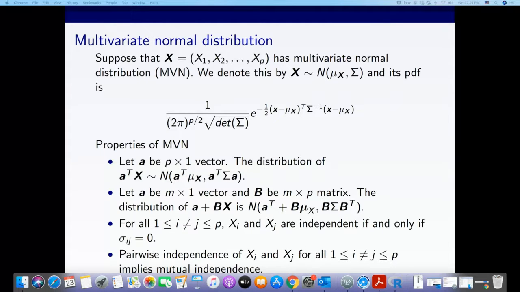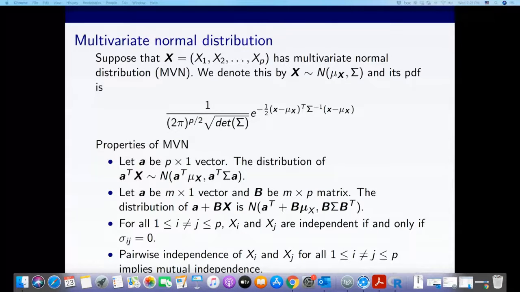Here pairwise independence means that the joint distribution of x1 and x2 is equal to the marginal distribution of x1 times the marginal distribution of x2. And that holds for any pair, so for example x1, x3.